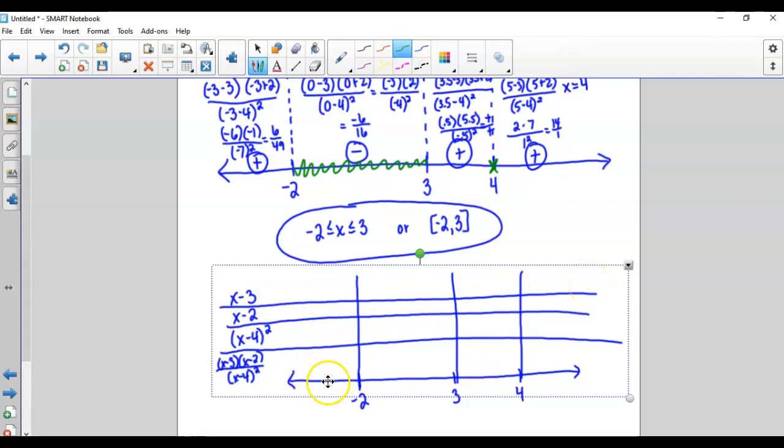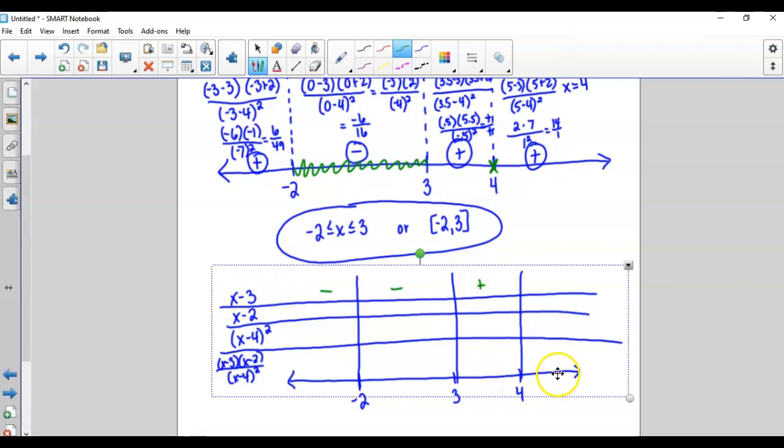So if I plug in a number below -2 into x minus 3, so -4 minus 3, that gives me a negative value. If I pick a number like 0, 0 minus 3 is going to give me a negative value. Then between 3 and 4, like 3.5, 3.5 minus 3 gives me a positive value.